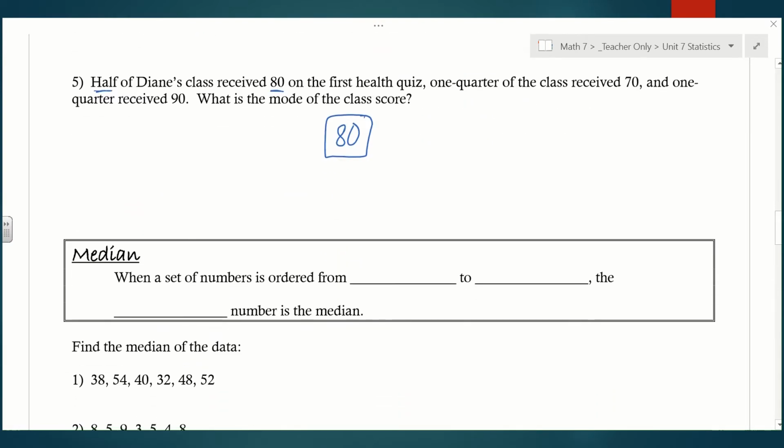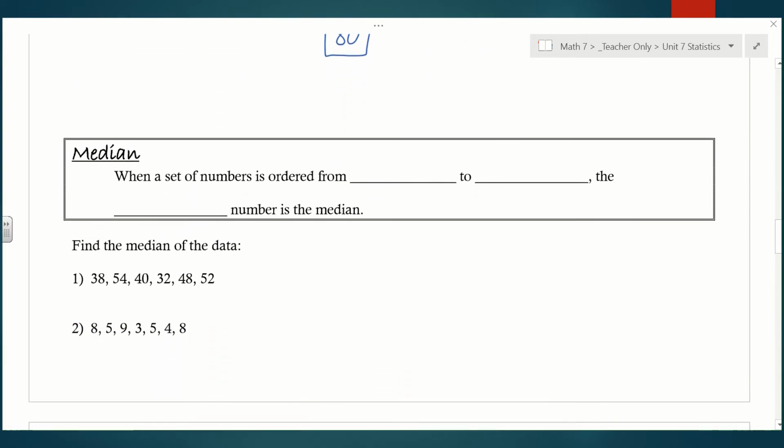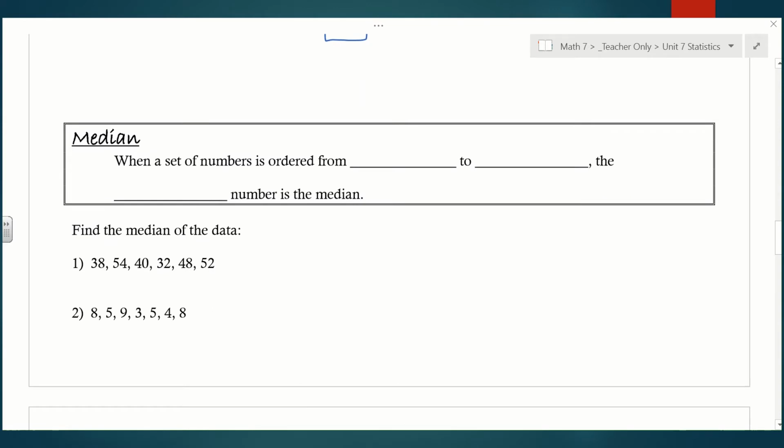Okay, moving on. Median is next. So the median is basically you have all your numbers in order and you find the middle data point. Okay, so when a set of numbers is ordered from least to greatest, this is really important. Sometimes people forget that they have to put the numbers in order.